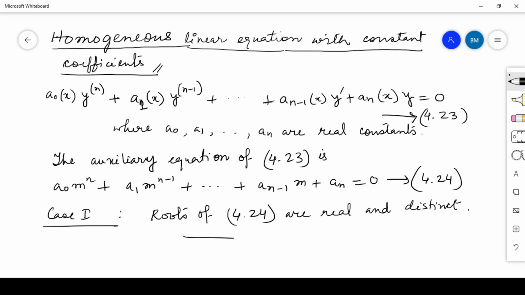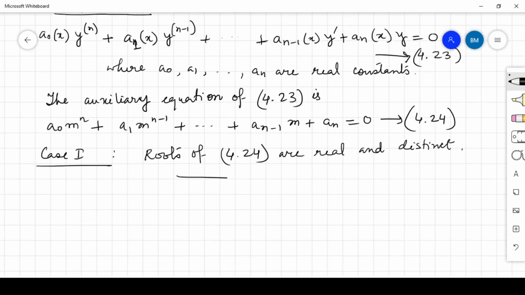The first case was the roots of this auxiliary equation are real and distinct, and we already have discussed how to find the general solution in that case. Now let us consider case 2. Today we discuss case 2.